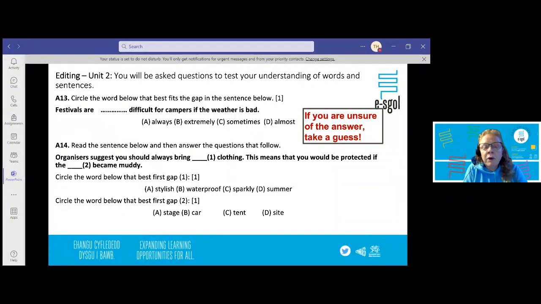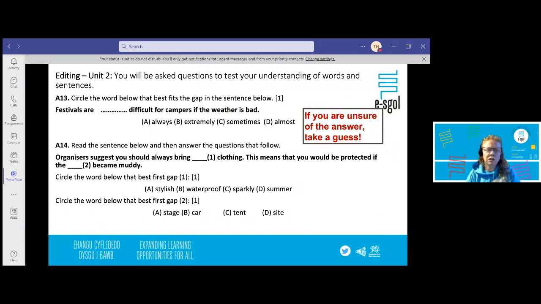So the way I always go about this is I read through the question and in my head, I try and fit in the most likely answer. So festivals are always difficult for campers if the weather is bad. That, to me, sounds like it makes sense, but I'm still going to try all the others. Festivals are extremely difficult for campers if the weather is bad. Oh, that makes sense as well. Festivals are sometimes difficult for campers if the weather is bad.